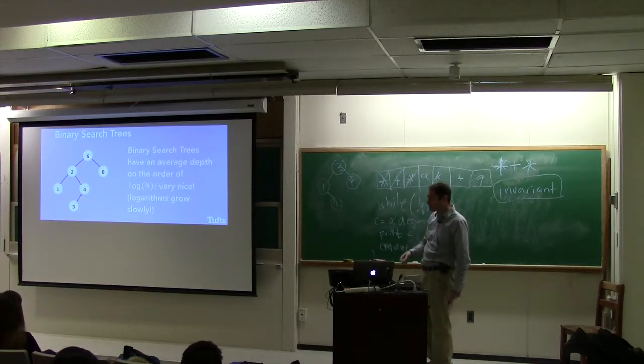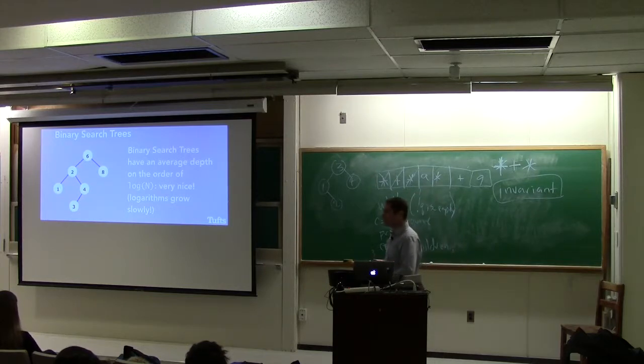So it's the same speed to search as a sorted array? On average, it's the same speed as searching a sorted array, which is why we call binary search trees by that name, or binary searching through an array. That's what we do.